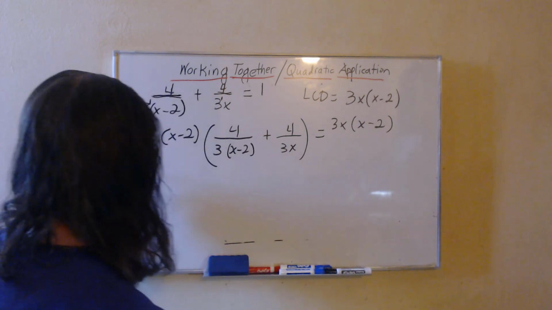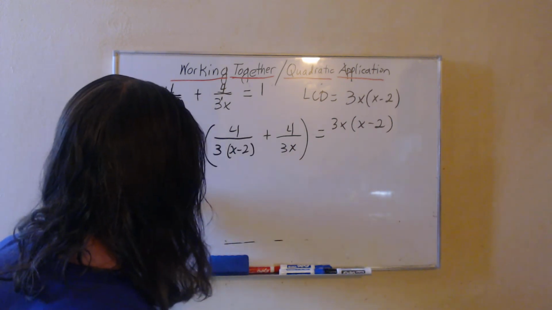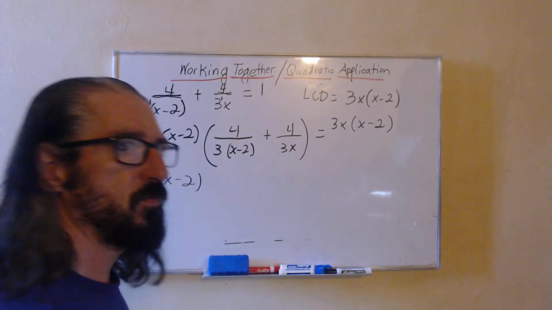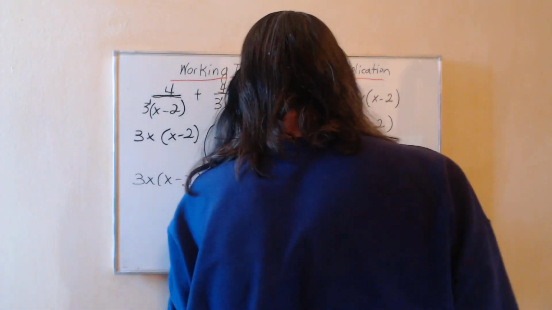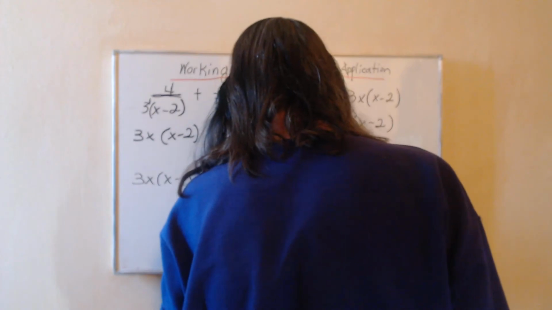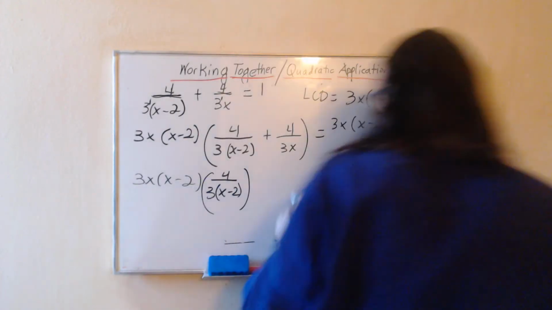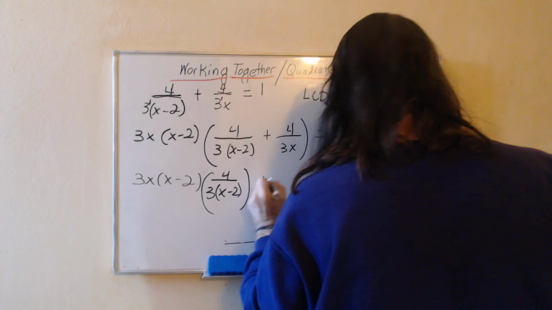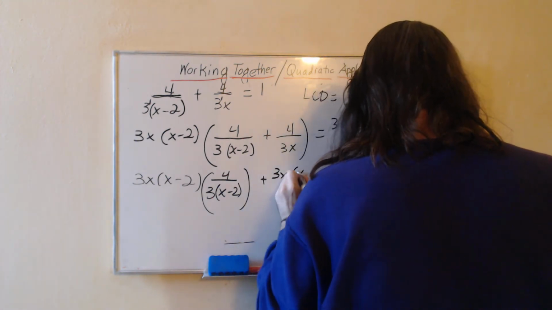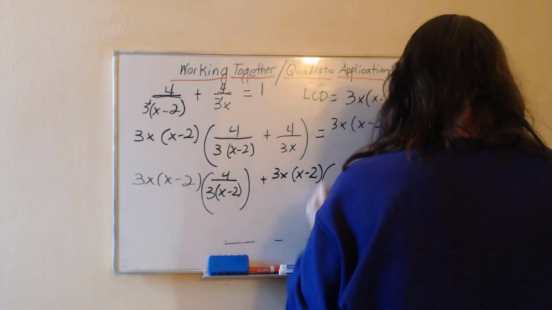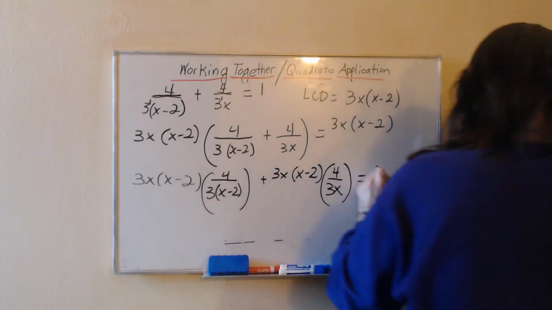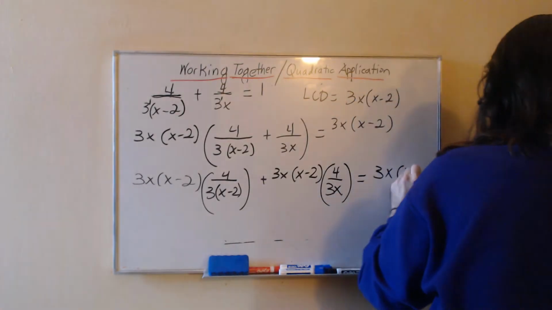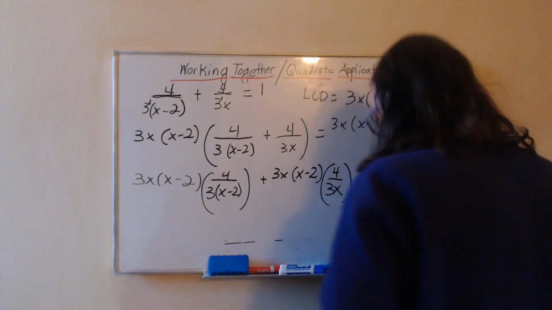So distributing 3x times x minus 2 to the first fraction, and to the second, I'll worry about simplifying the right hand side shortly.